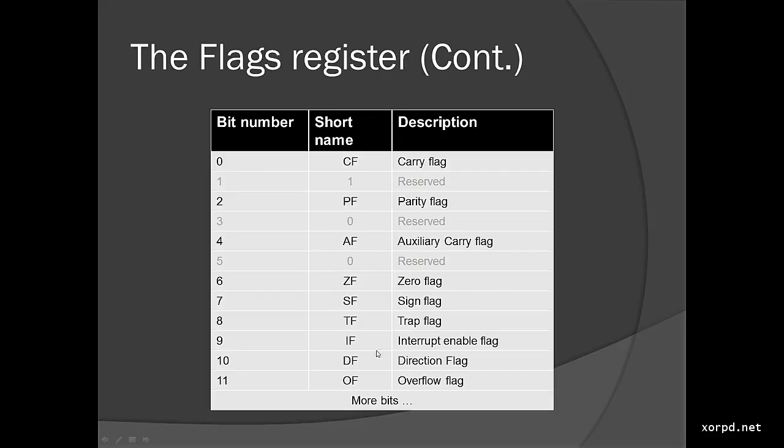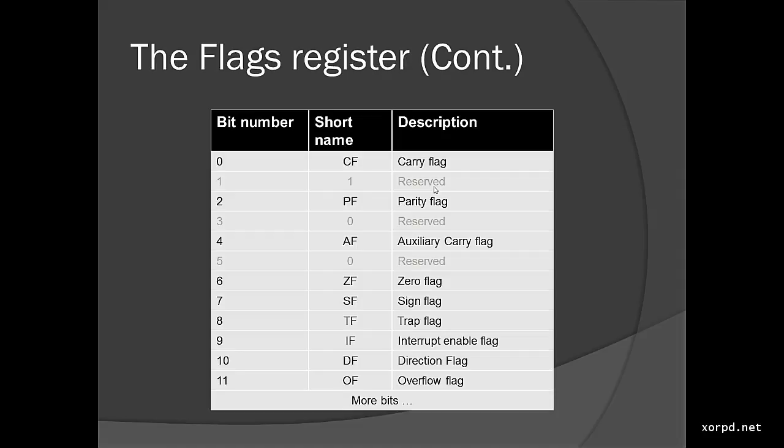There are pretty many flags. I only mentioned the flags up to number 11. There are more flags if you go on. First, I will mention the ones that are reserved. There are some bits in the flags register that are not used. This is what it means that they are reserved. They are reserved for maybe some kind of future use.